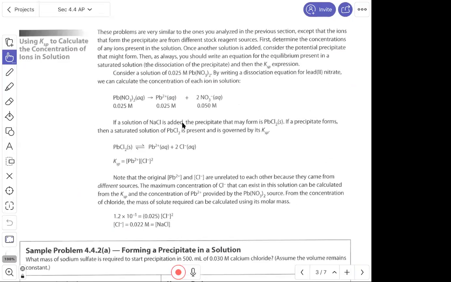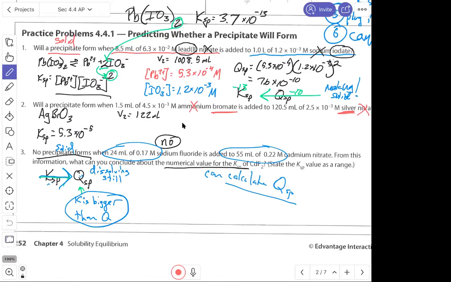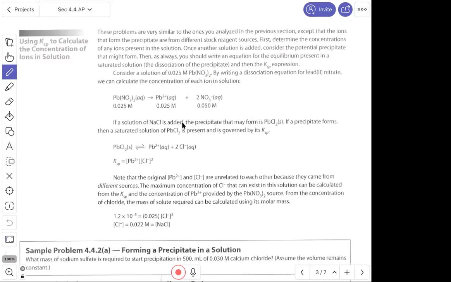So moving forward, there's two other types of problems in this section, and they're all basically related. But what we just talked about is if you mix two things together, the question was, will it make a solid? This next set of problems is a little bit different.